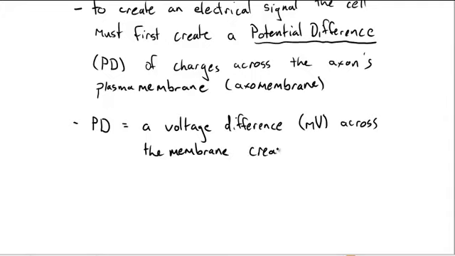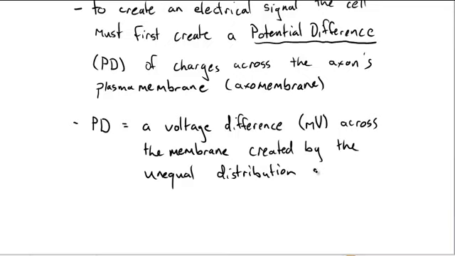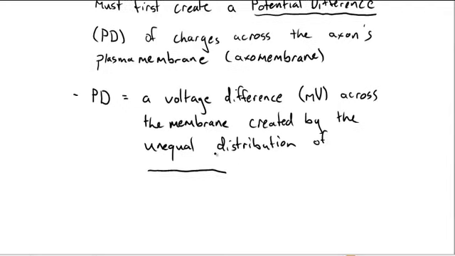Created by the unequal distribution of blank. Okay, it's an electrical difference across the membrane. Well, what do we know that have charges in the cell? If you said ions, you are correct. So there's an unequal distribution of ions across the membrane that basically stores the potential for creating an electrical current.